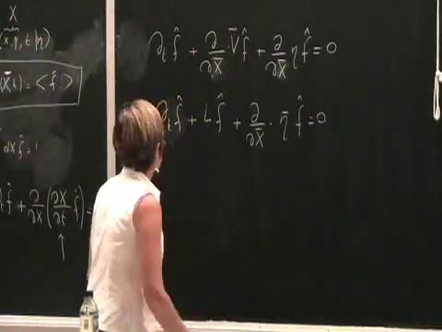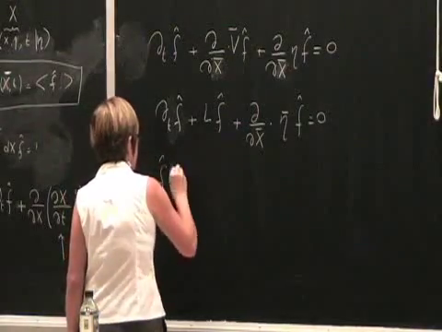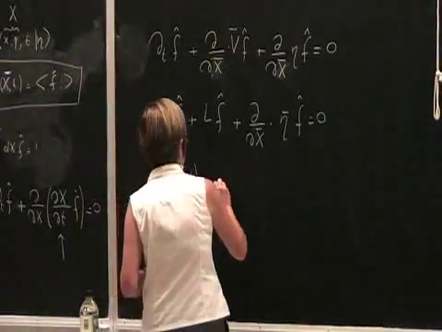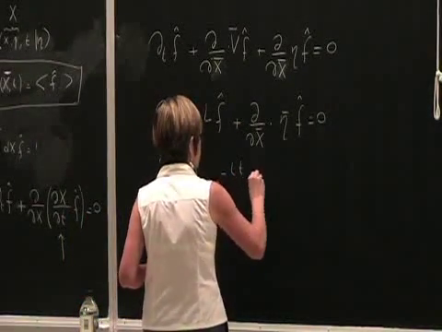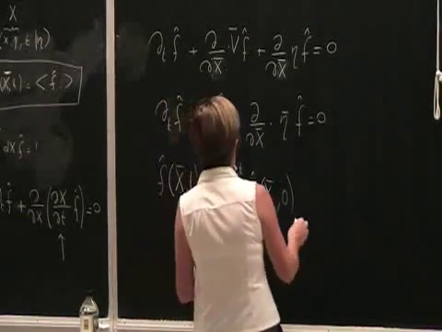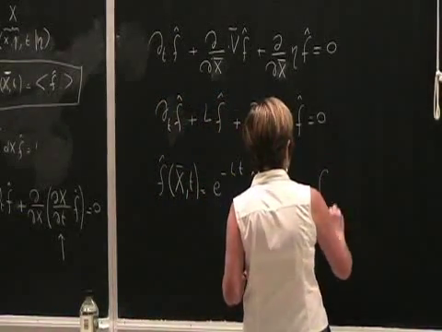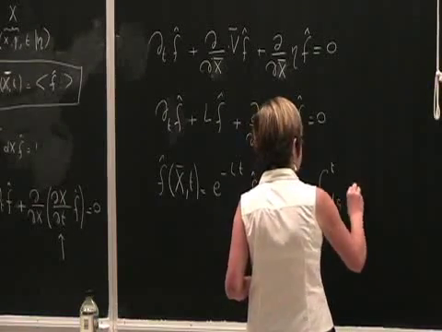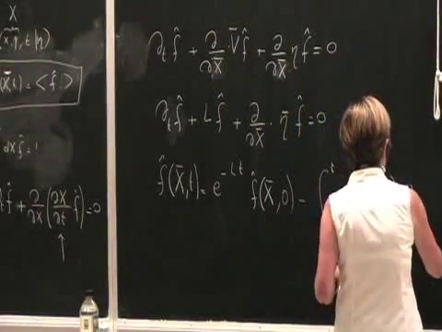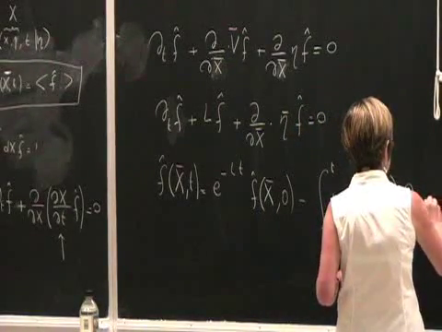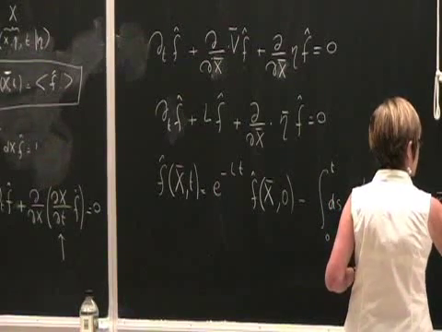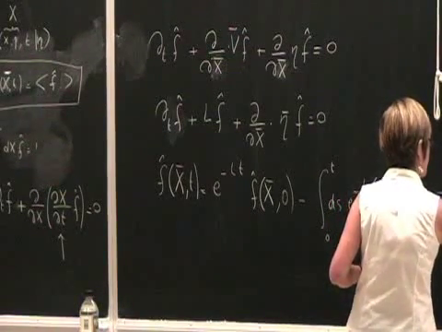I rewrite the equation this way, and now I will formally solve it, and write the solution as e to the minus L t, f of x and 0, minus the integral from 0 to t ds, e to the minus L (t minus s), derivative with respect to x, eta of s, f of x and s.